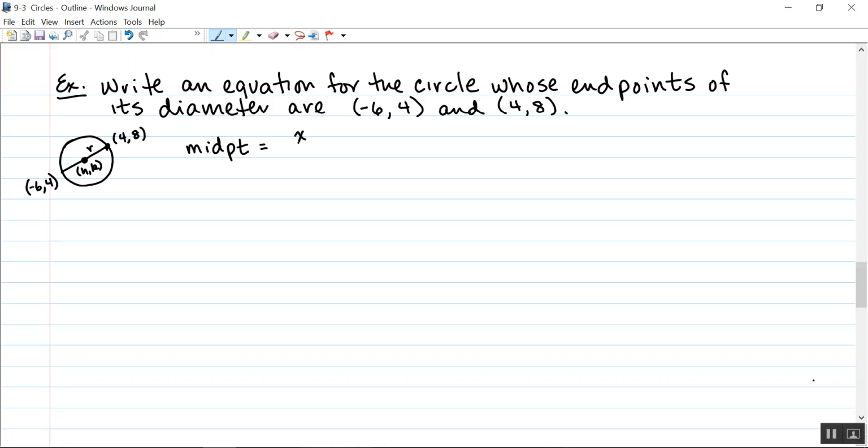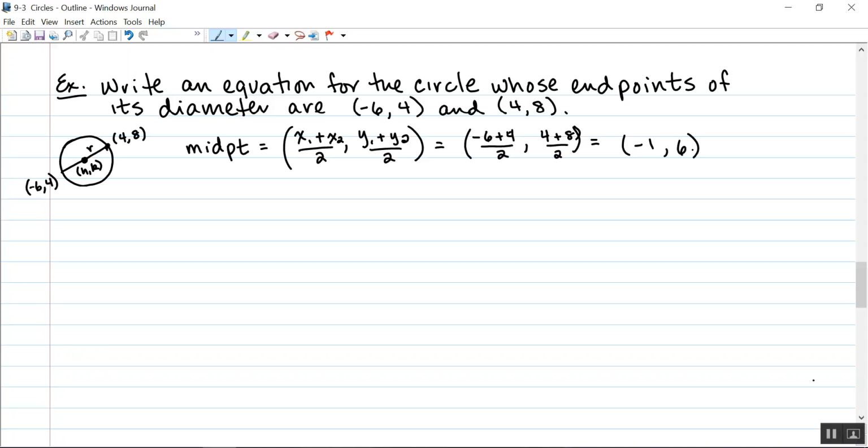Remember, midpoint was (x1 plus x2) over 2, comma (y1 plus y2) over 2, where (x1, y1) and (x2, y2) are the endpoints of the segment. So I'm going to use -6 plus 4 over 2 and 4 plus 8 over 2, which gives me -2 over 2, or -1, and 12 over 2, or 6.